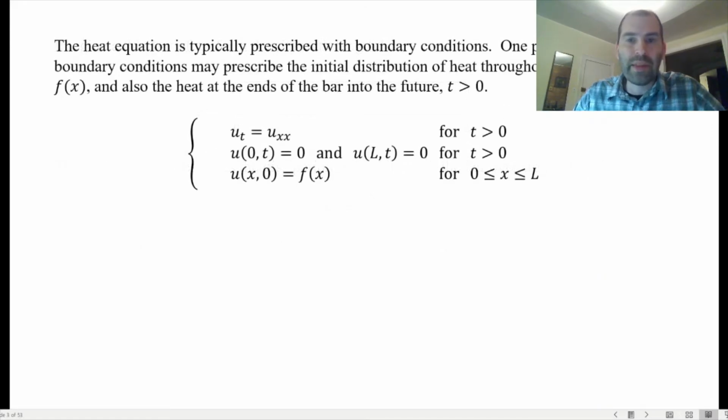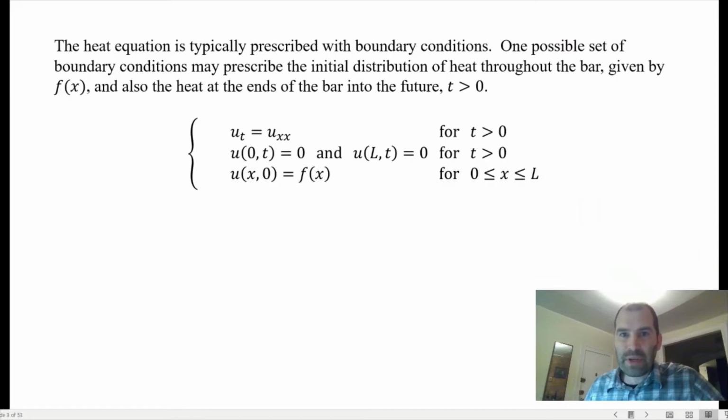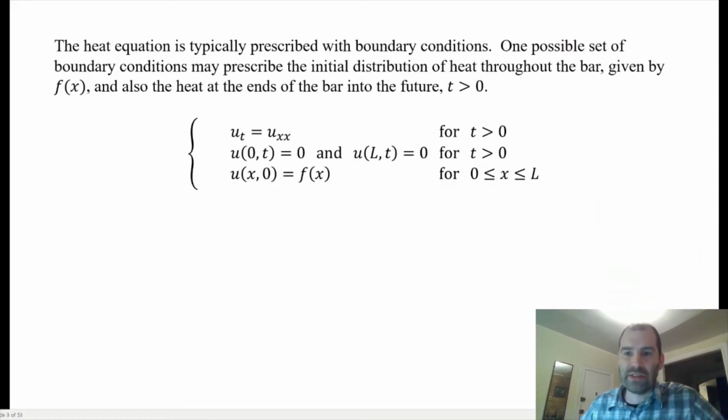All right, well, the heat equation is typically described with boundary conditions. One possible set of boundary conditions may prescribe the initial distribution of heat throughout the bar, given by some function f of x, and also the heat at the ends of the bar going forward into the future. So we're just going to regulate the heat at the endpoints.